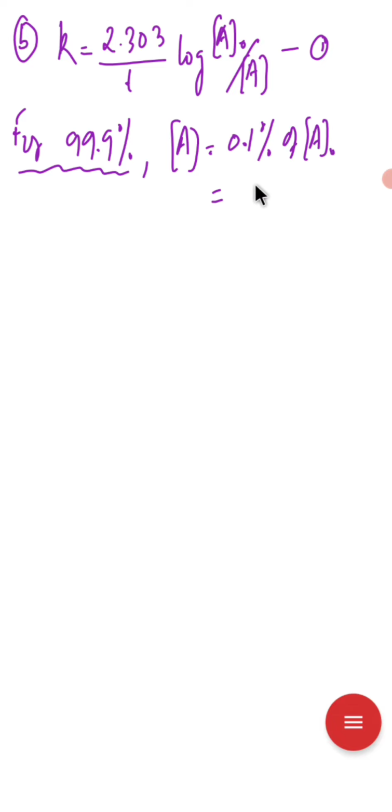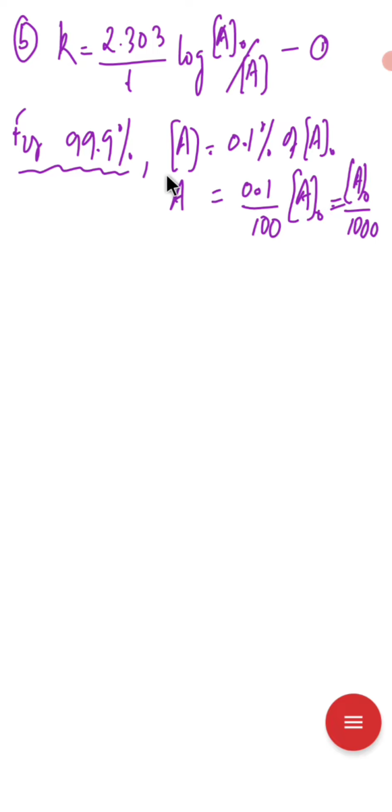And this is equal to 0.1 by 100 of A naught, and this again can be written as A naught by 1000. This is the value of A for 99.9% completion of the reaction.